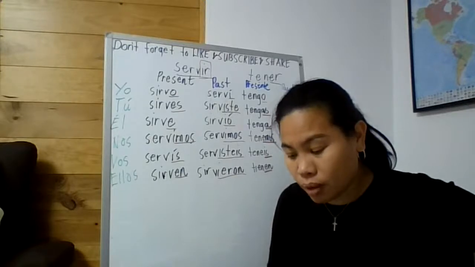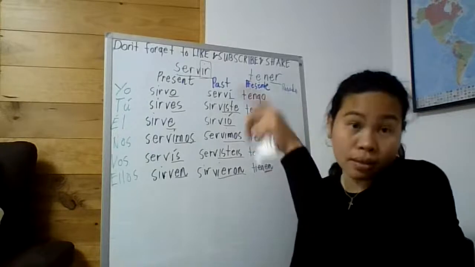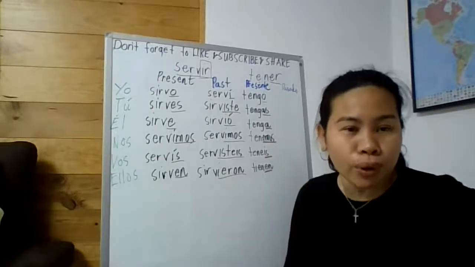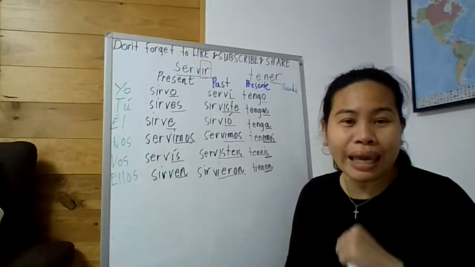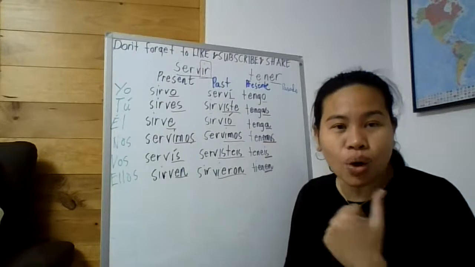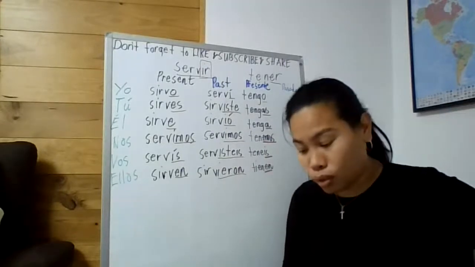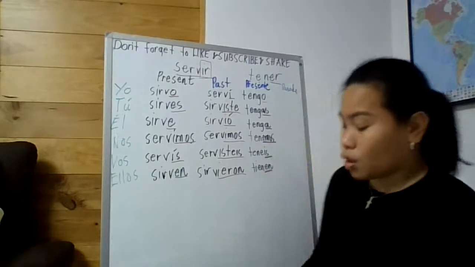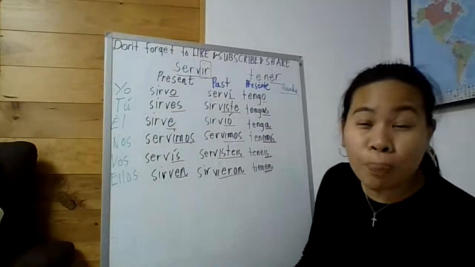Okay, because, for example, if we're going to conjugate that like what we did before, the pretérito perfecto, then you're going to he tenido, has tenido, ha tenido, hemos tenido, ending with ido, ido, ido. Okay? So, now, we are going to put the pasado, the simple past.